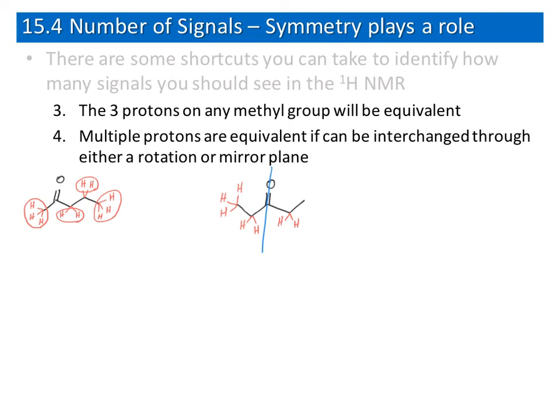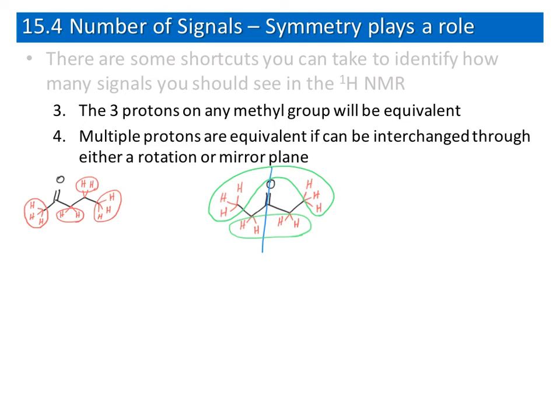So we are going to see only one signal for these 4 protons. Also, these 3 hydrogens are going to be the same as these 3 hydrogens because we have symmetry in the molecule, so we are going to see only one signal for all of these 6 hydrogens. So overall this compound is going to show 2 signals in hydrogen NMR.